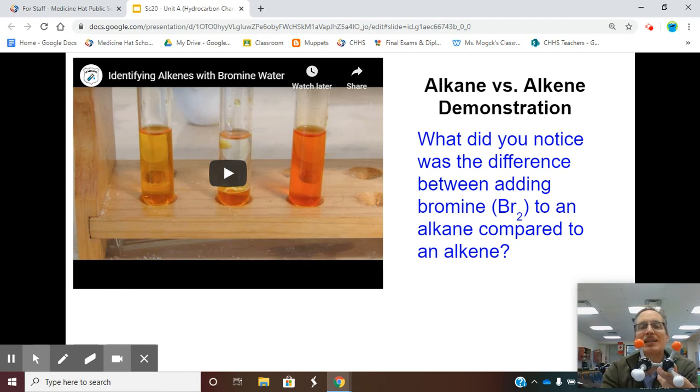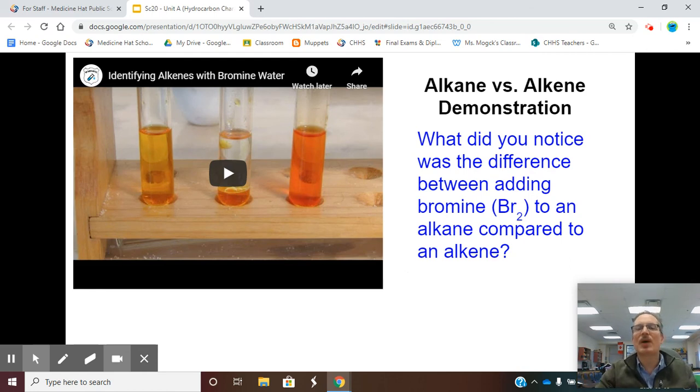And it goes from unsaturated to saturated. You'll notice that over time, if I shake this up as they do in the video, my solution will go back to clear again because I don't have orange Br2s floating around anymore. The bromine has bonded into the molecule now, and that color has dissipated and disappeared.